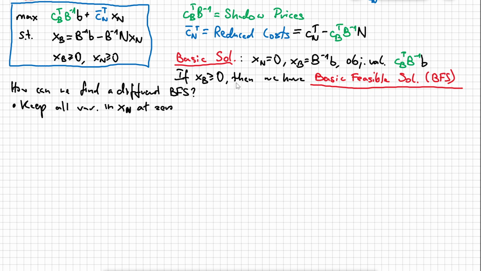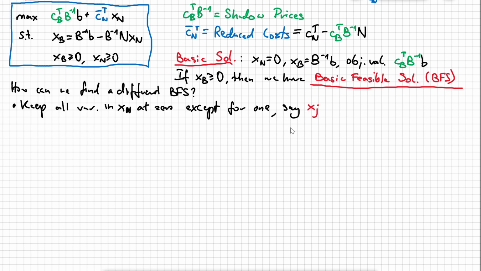So let's keep them all equal to 0 except for one. Say we call it some variable xj, right?